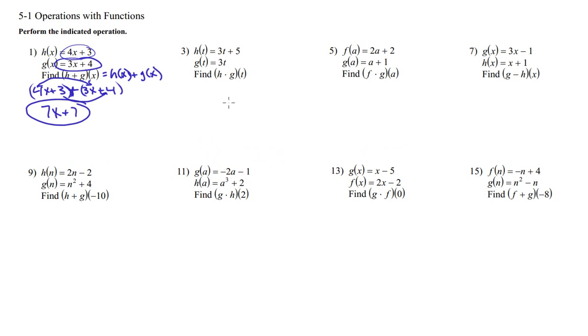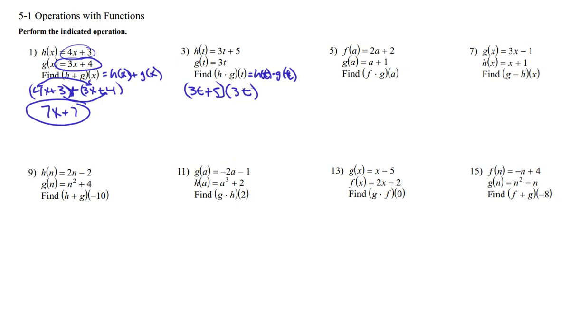Okay, for number 3 here, h times g of t. So this is h of x times g of x. So h of t instead of x. So we've got 3t plus 5 all times g of t, which is 3t.